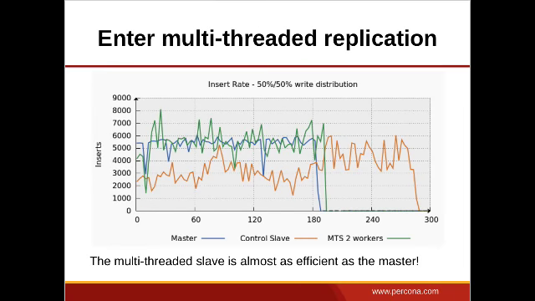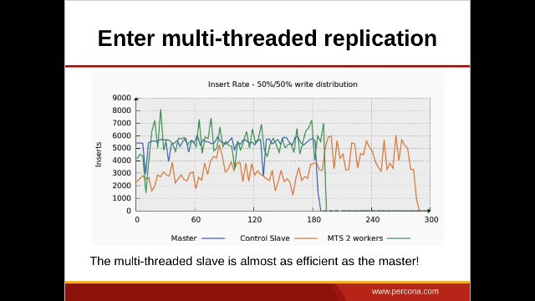Now let's look at the slave with 2 worker threads. That is the green line. And you can see that it's much better. The insert rate is quite similar to the insert rate of the master. Sometimes it's lower, sometimes it's higher, but overall, the slave is almost as efficient as the master.